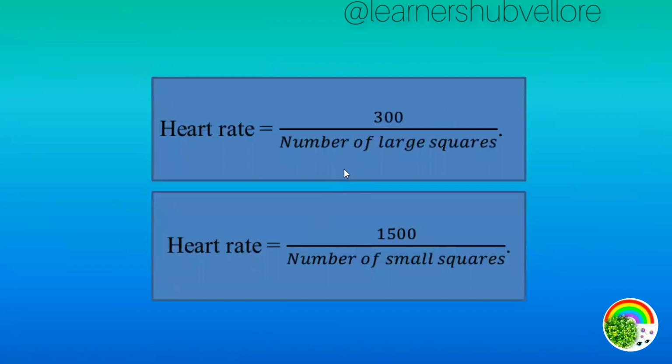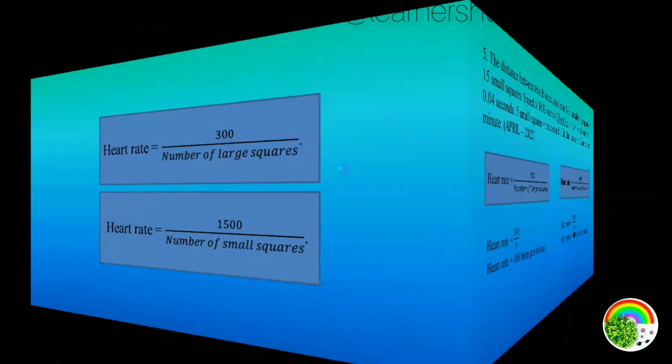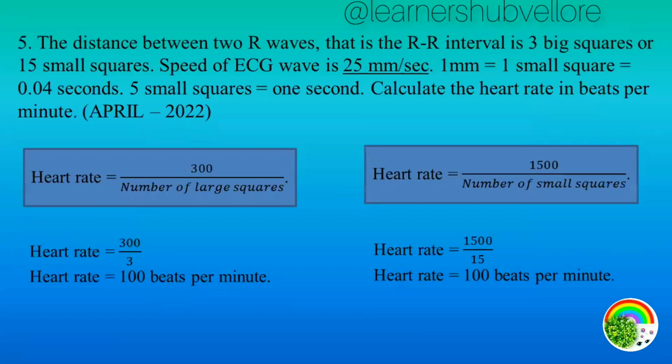Now, in a question, they have asked with large squares as well as small squares, either of which you can use to find the answer. Let us see that one question. The distance between two R waves: there are 3 big squares or 15 small squares. The speed is normal, that is 25 mm per second. 1 millimeter is equal to 1 small square.